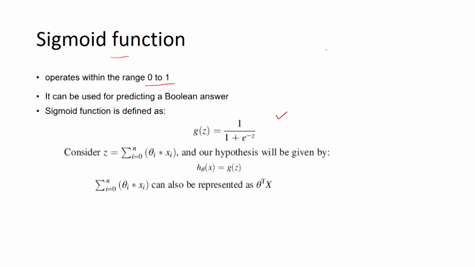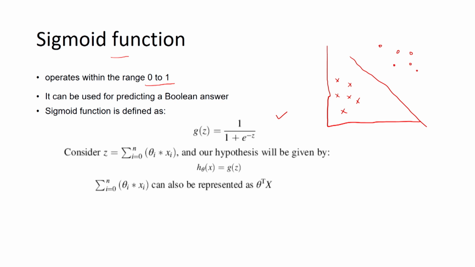So, what is the idea here? Suppose these are the points belonging to one class and these are the points belonging to another class, and this is a simple linear boundary.